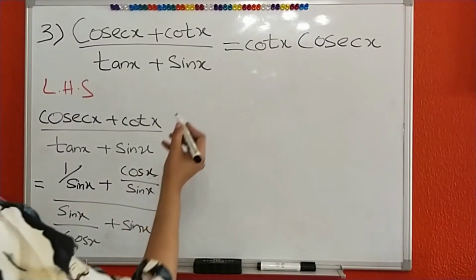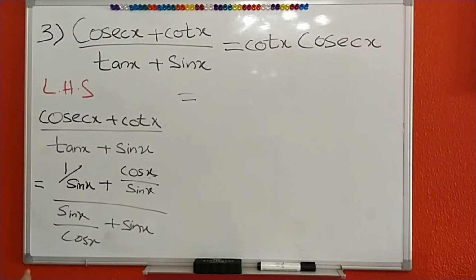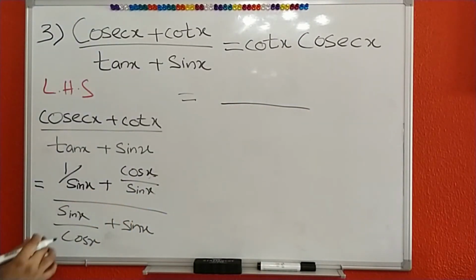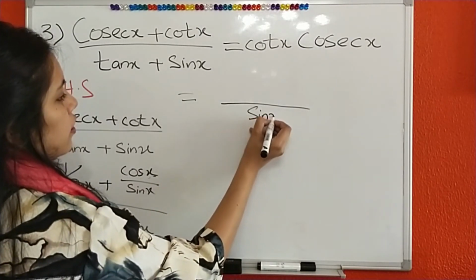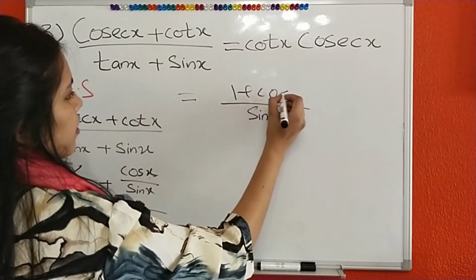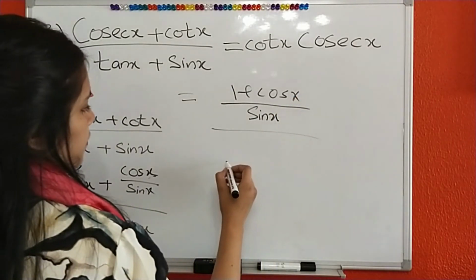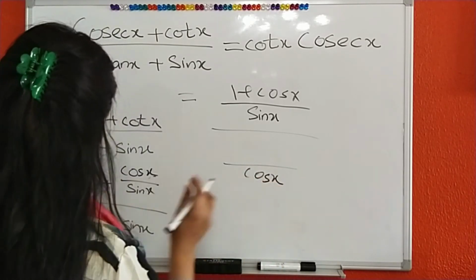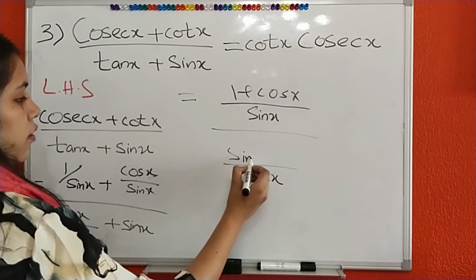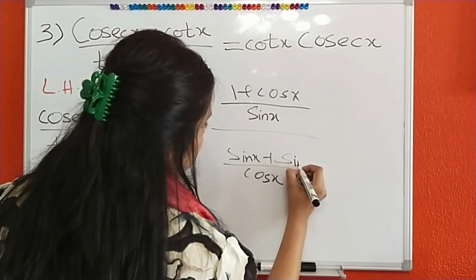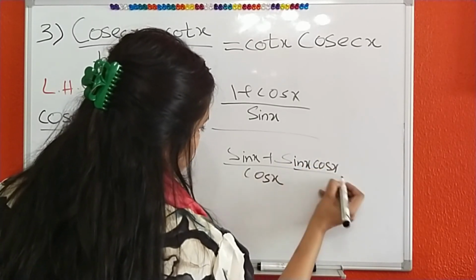So the next step is I am just taking the LCMs. In the numerator, the LCM is sin x, and 1 plus cos x upon sin x; here the LCM is cos x, and here sin x plus. As you can see in the denominator I have 1 here, so I'm just multiplying sin x with cos x, sin x cos x.